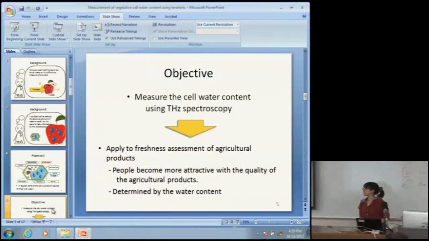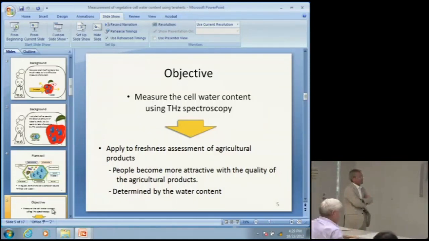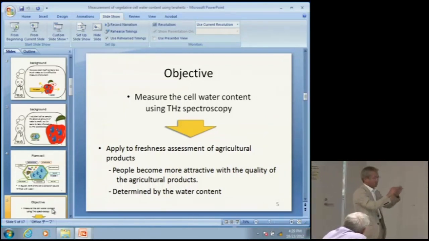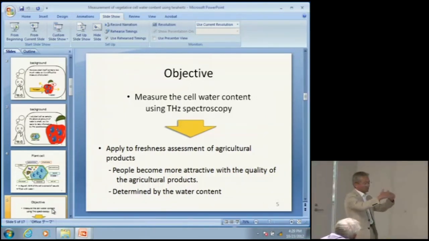How about the comparison with the cuticular layer? The surface of any plant has a cuticular layer. The cuticular layer consists of a material called cutin. That is some kind of wax layer. That is very thin, probably 0.1, 0.05, a similar size to the cell.